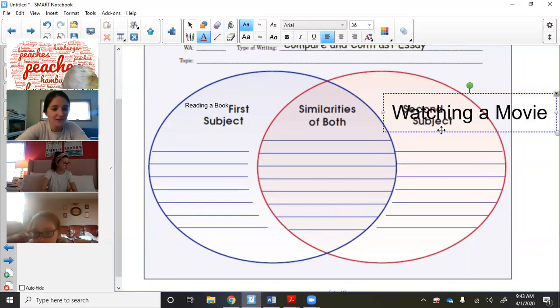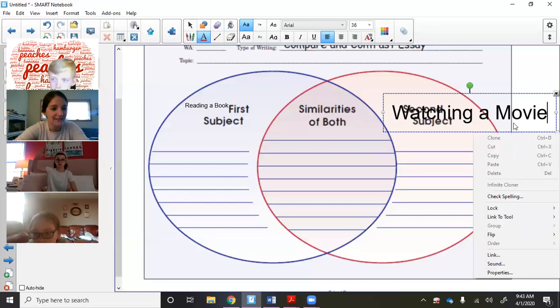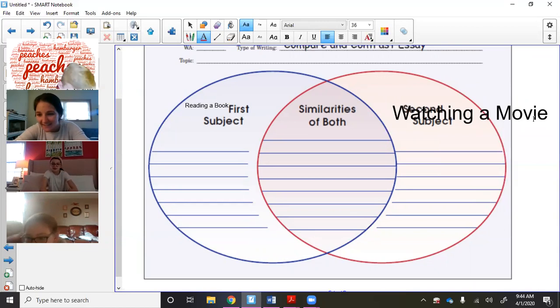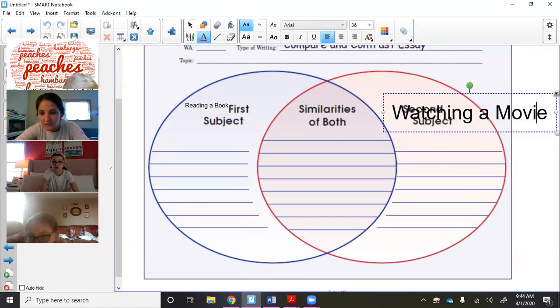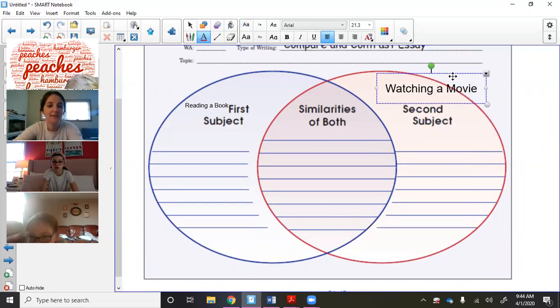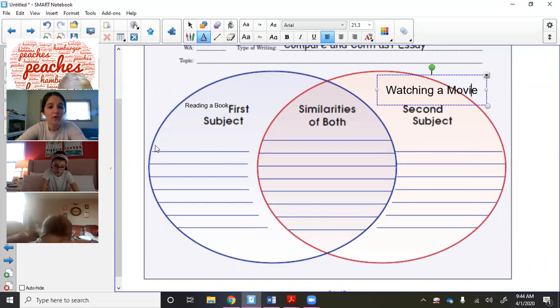Has anybody watched any movies that you read the book of recently? Yeah, awesome. That's great. It's always interesting. All right. So if we were going to go through, obviously the similarities would be in the center. Okay. So we'll write some of these down.